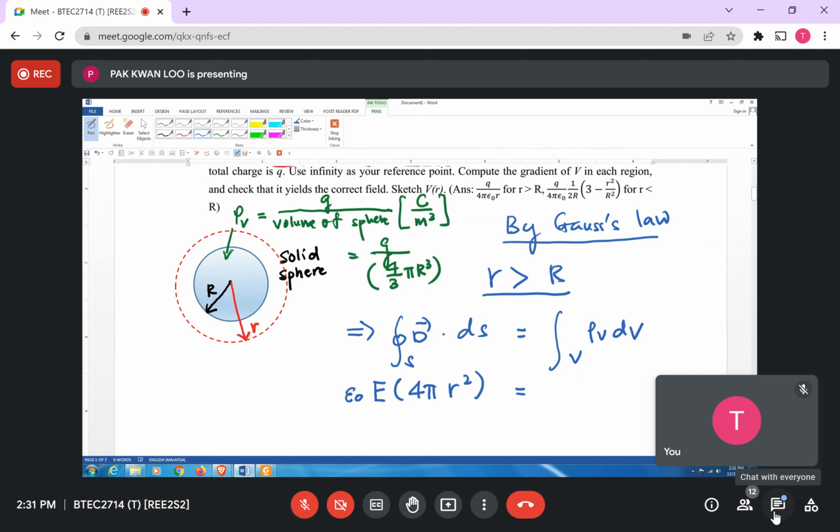Basically it means it encloses the entire sphere. So the charge enclosed now will be rho v multiplied by 4/3 pi R cubed.